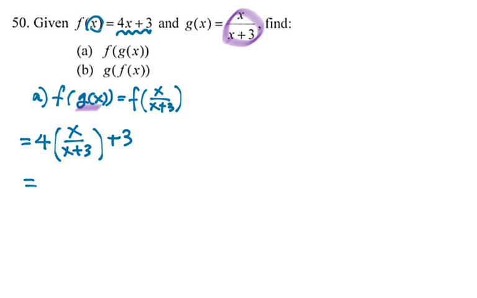Even though this is a correct answer, if you want, we can simplify this a bit further. Now this becomes 4x over x plus 3, over 1. To have the common denominator, we're going to multiply top and bottom by x plus 3 on the second fraction.